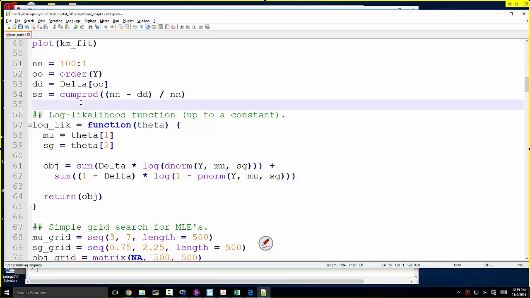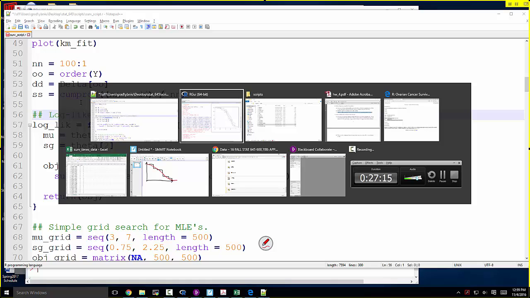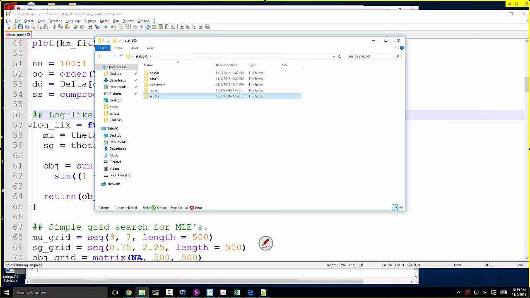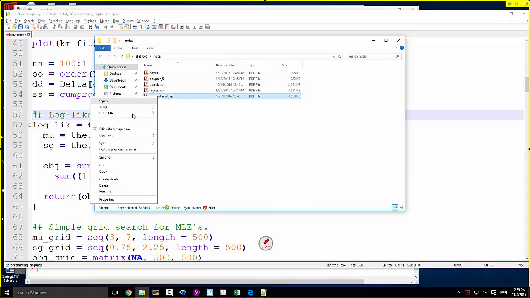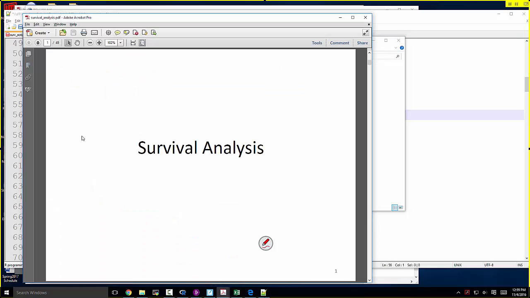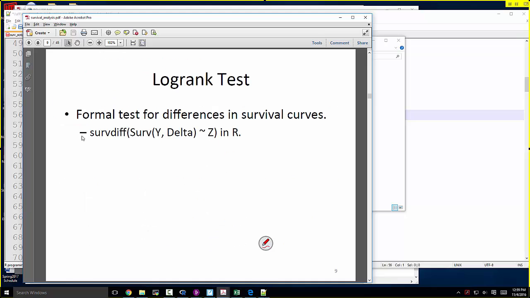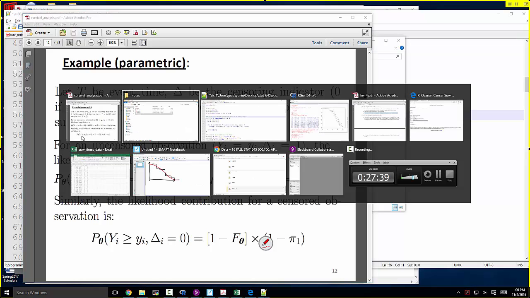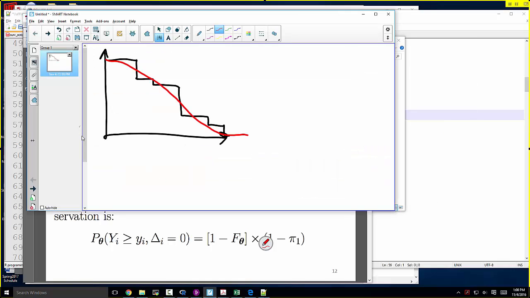Okay, now let's switch gears and think about a likelihood-based, a parametric estimate of survival. So let me go back to our notes. Likelihoods. Brief review.